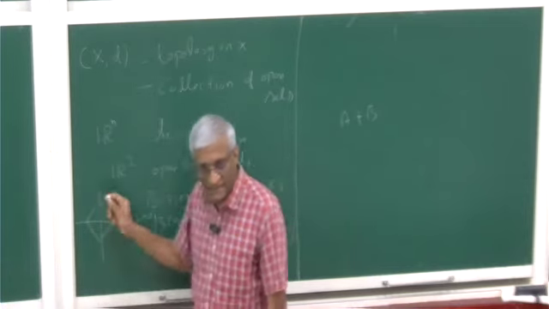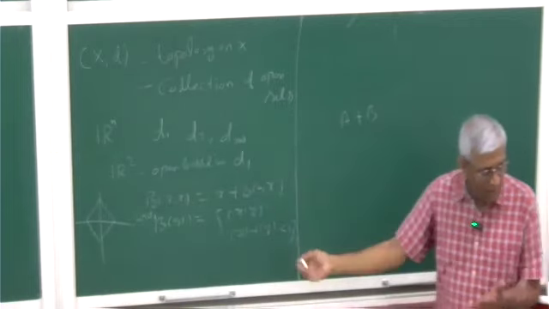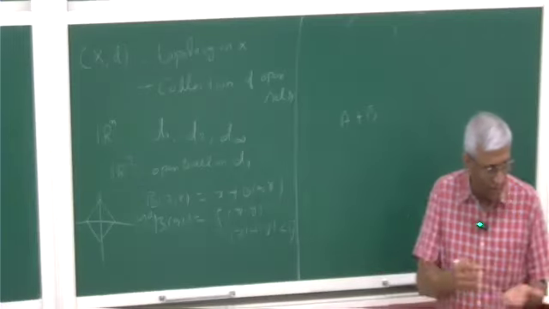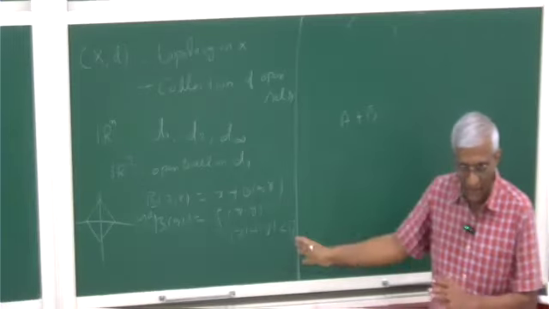The region inside is the open ball in the d1 norm. In the d2 norm, you know, that is just x squared plus y squared less than 1, the open disk.